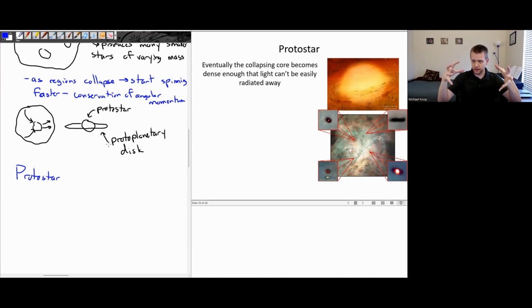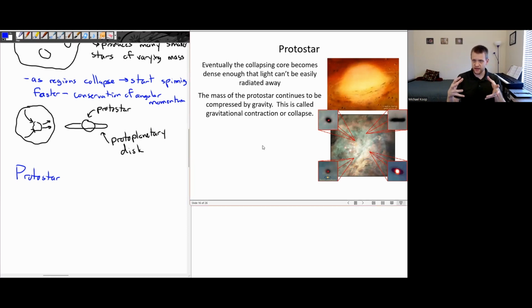But as this thing becomes more dense, it's going to become more opaque. And as this protostar is collapsing, we're going to get a conversion of gravitational energy into thermal energy. So this protostar, it's literally powered by gravitational collapse.